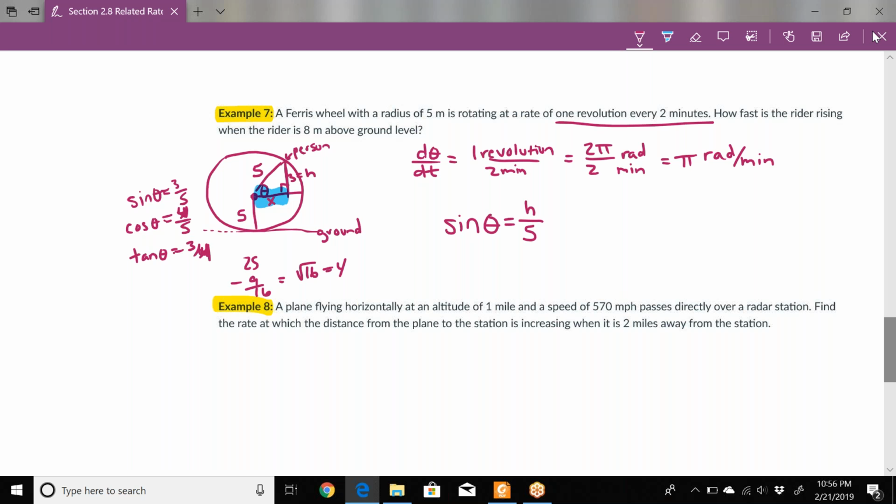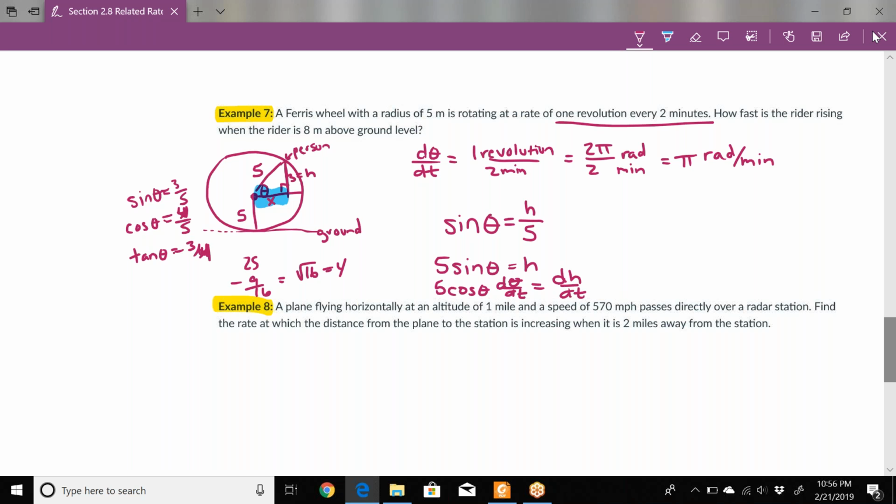If we solve that for h, that would be 5 sine theta equals h. And then we could take the derivative with respect to time. So that would be 5 cosine theta d theta dt equals dh dt. That's how fast the rider is rising when the rider is 8 meters above the ground. We're finding that change in height.